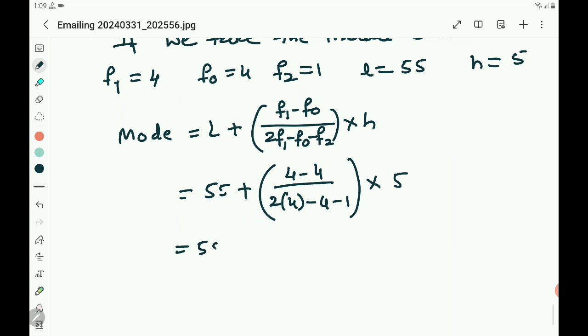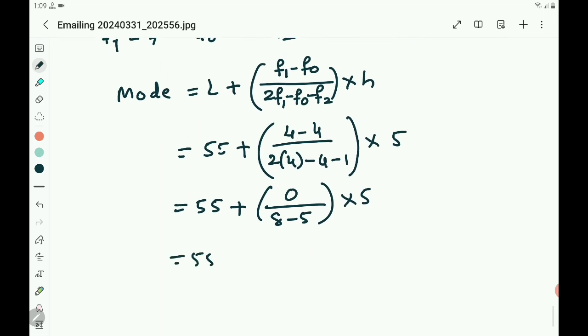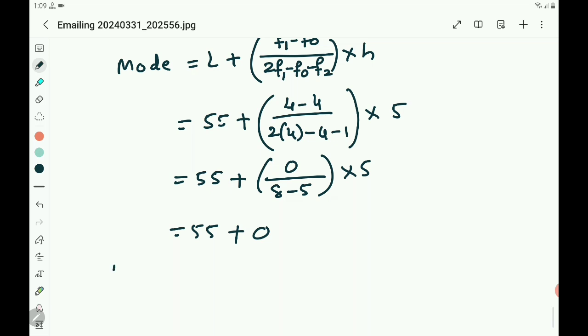That equals 55 plus 0 by 8 minus 5 into 5, and 55 plus, as here it is 0, it becomes completely 0. So that you got mode equals 55.